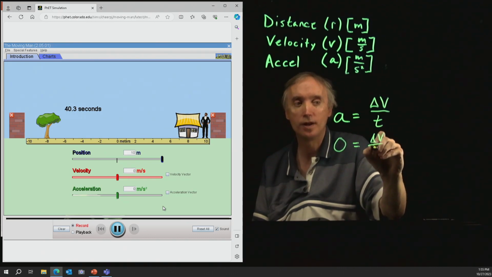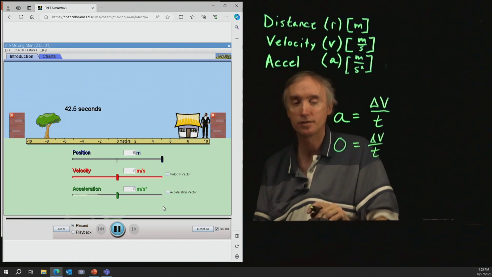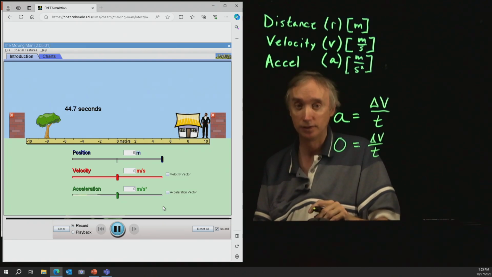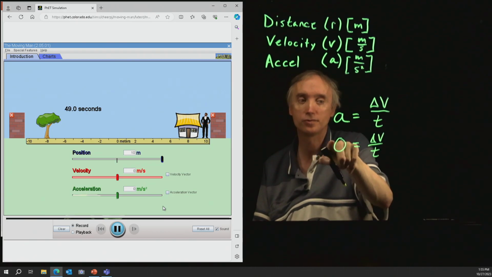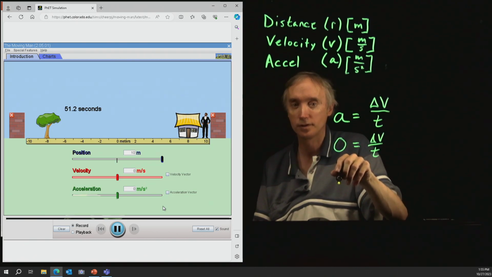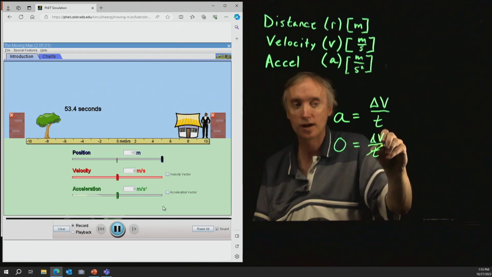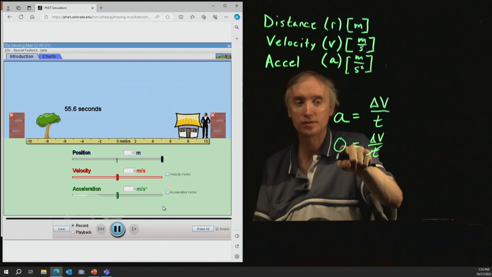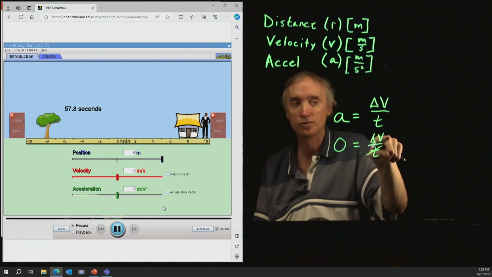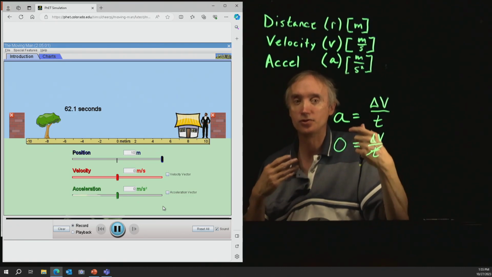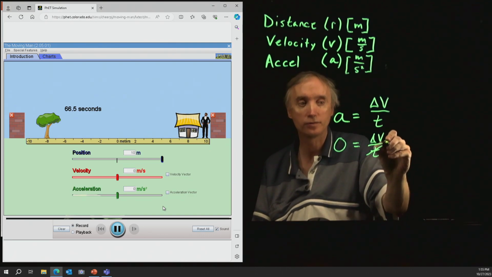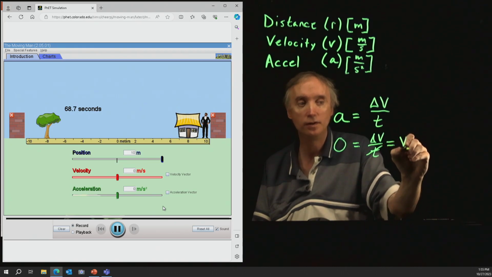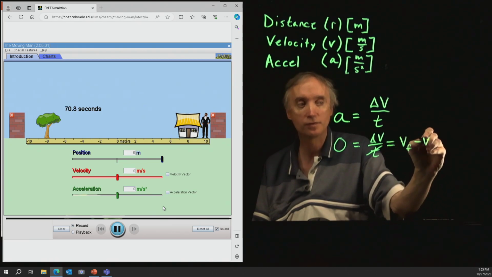All right, now what would happen if I multiply both sides of the equation by t? Well, that would take the t over to this side over here, but 0 times anything is 0. So I could just scratch that off. So now it's saying that 0 is equal to the change in velocity. So that means there's no change in velocity. We could go even further. So we could say that this is v final minus v initial.